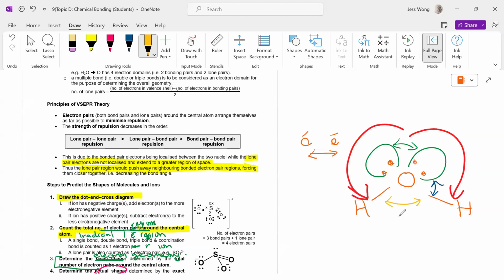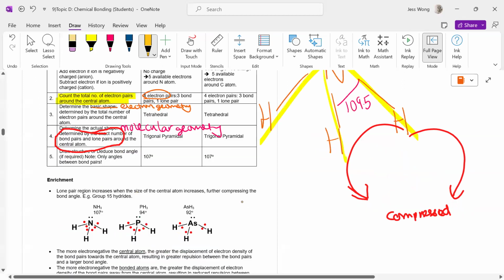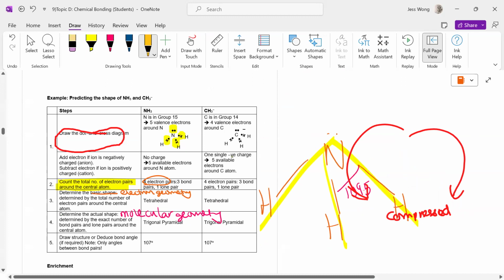So this bond angle will therefore be compressed as a result of the push from the lone pair. We don't say push, we say repulsion from the lone pair. So as a result of the repulsion from the lone pair, we expect the bond angle to be compressed.